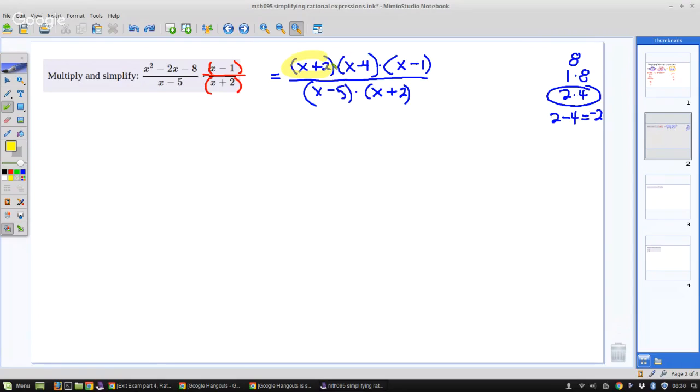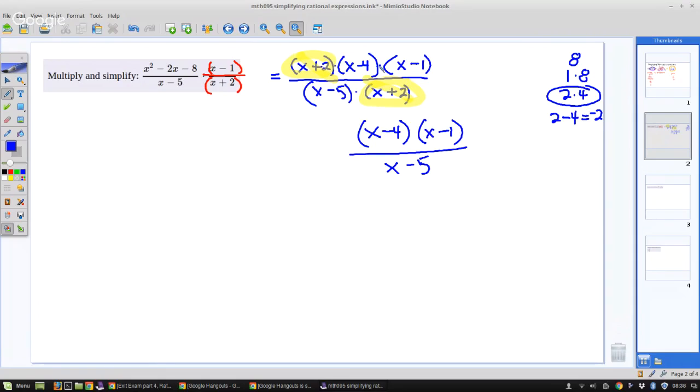So the x plus 2 here is common to the x plus 2, and a number divided by itself is 1. Multiplying by 1 is kind of boring here, so that means this must simplify as x minus 4 in the top times x minus 1 all over x minus 5.